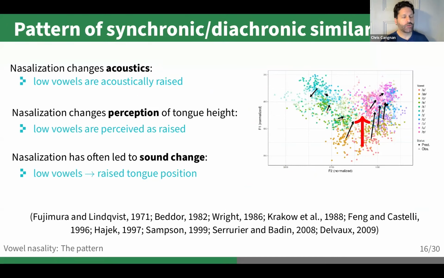And we've also noted diachronic patterns: it's actually somewhat common, when a language starts to phonologize vowel nasalization, that there can often be a sound change where low vowels are eventually produced as higher, with a raised tongue position, right? So there's this relationship that spans synchronic effects of nasalization, but also diachronic change.